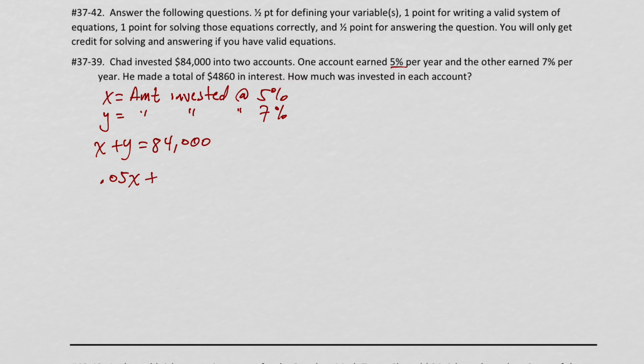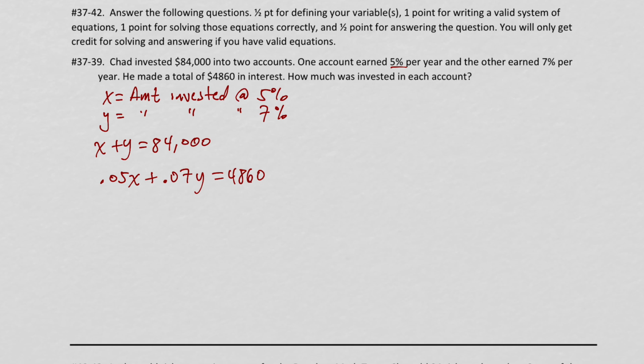If you add that to the interest in this account, which is 7% times Y, or 0.07 times Y, you get the total interest overall. This works because the amount you invest times the rate is equal to the interest. So these two added up are equal to 4860.